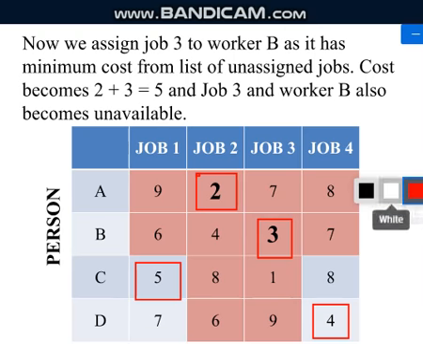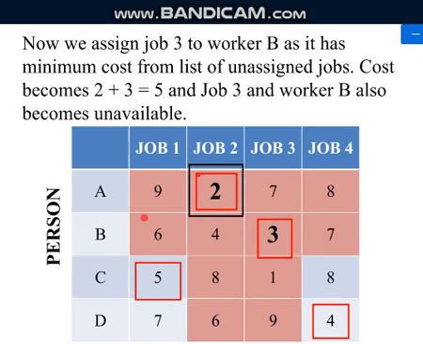Okay, let me take a different color. It is 2, 6, and then after 2, 6, we just checked with Hungarian's method, isn't it? What was the best possible solution?